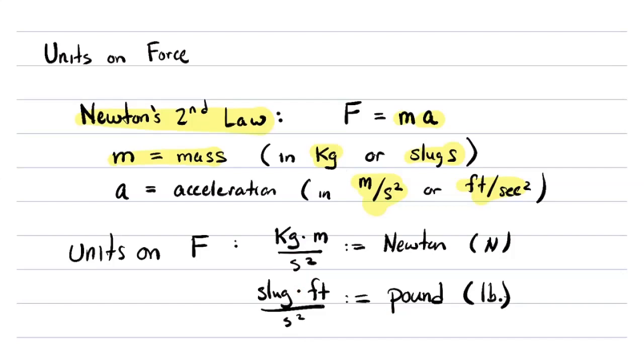So if we were working in colloquial English consistently, our bathroom scale would say how many kilograms and how many slugs we weigh, right? That would give us both those units of mass. Or the bathroom scale would tell us how many pounds we weigh or how many newtons we weigh. But in colloquial English, we kind of interchange kilograms and pounds.